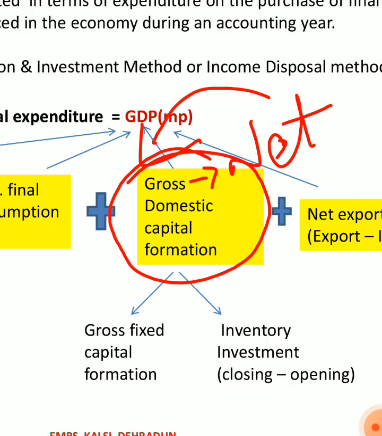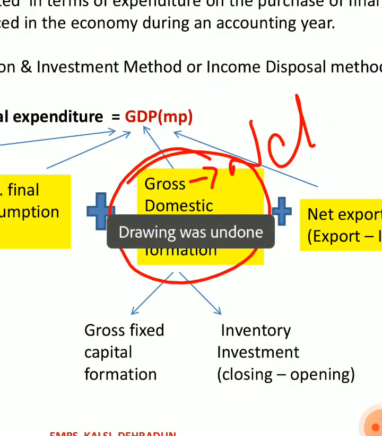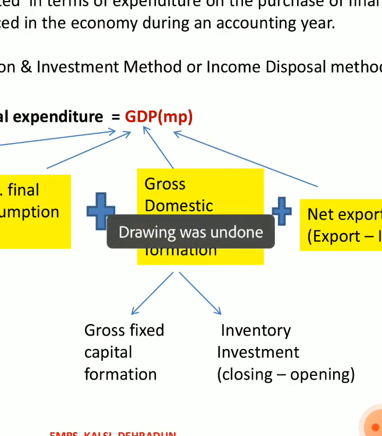If you don't know, see my previous videos. So if net domestic capital formation is given, you have to convert net into gross, and only then add. Don't add without converting, because the requirement is gross. Just be careful of these small things.